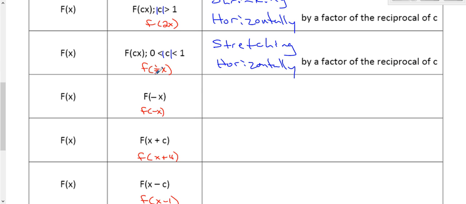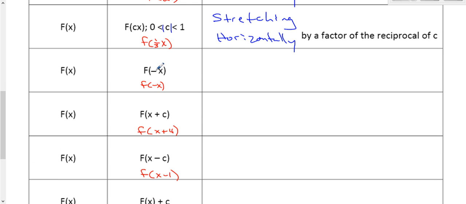So like the 1/3, I'm stretching by a factor of 3. Okay. If I have a negative on the inside, it is reflecting horizontally, so across the y-axis.